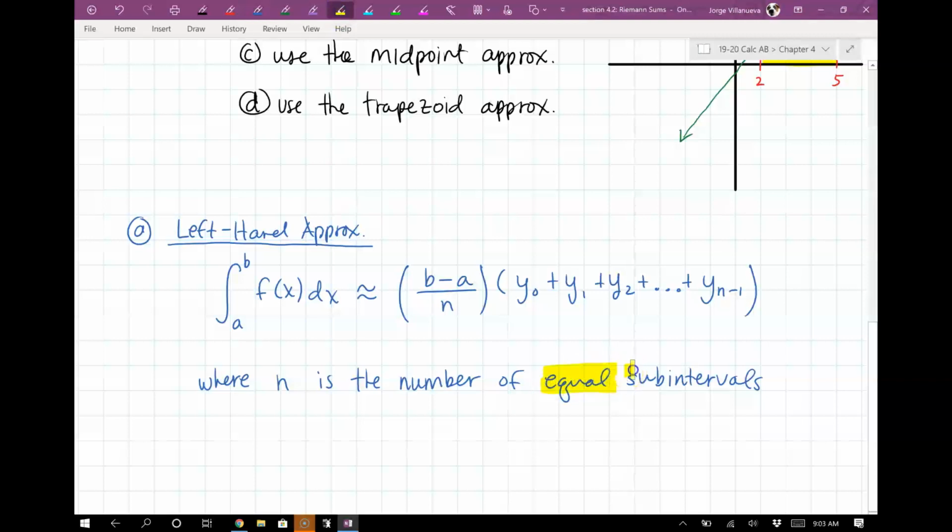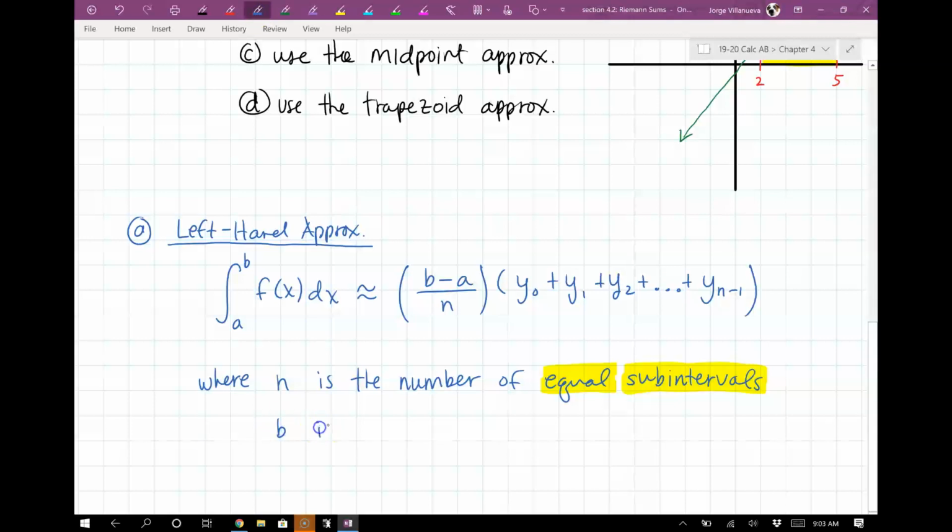Equal subintervals. In other words, each one of these shapes has the same base. The base doesn't change. You're going to notice on the AP test, they're all different. So there's a different way to do the ones on the AP. It's actually easier. But for Riemann sums, they're all equal subintervals. That means their bases are all the same. Okay? So don't forget about that.